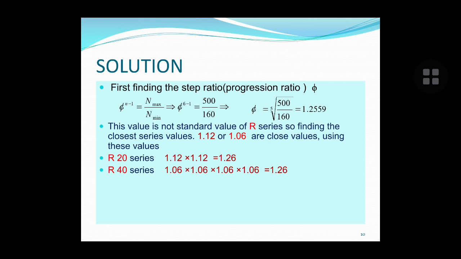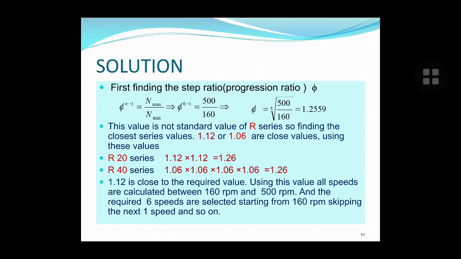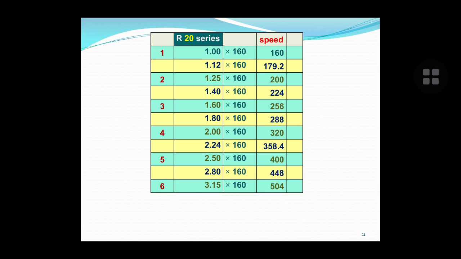So in the R20 series we have to neglect one value. Neglecting one value from the R20 series, we multiply with the minimum speed 160. Like that we obtain the 6 speeds.